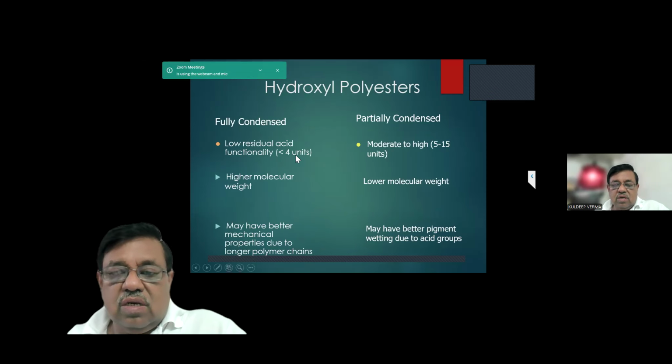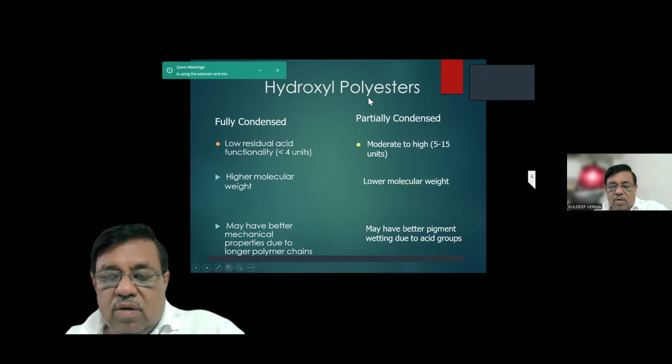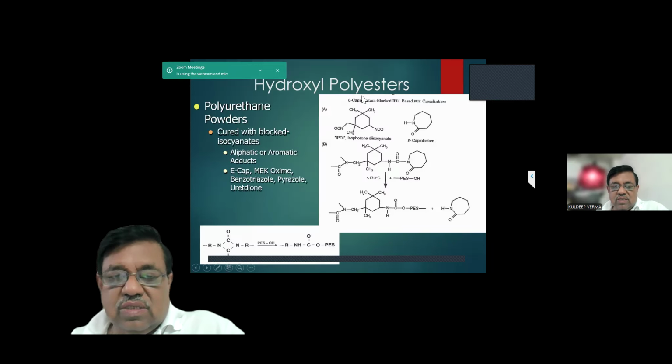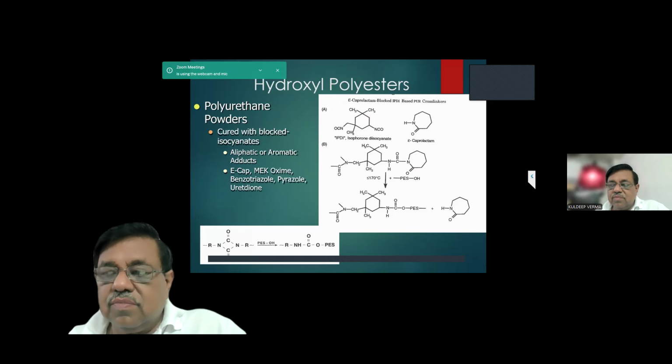This is hydroxyl polyester for polyurethane, fully condensed, low residual acid, higher molecular weight, may have better mechanical properties due to longer polymer chain. For hydroxyl polyester, blocked isocyanate is used as a curing agent.